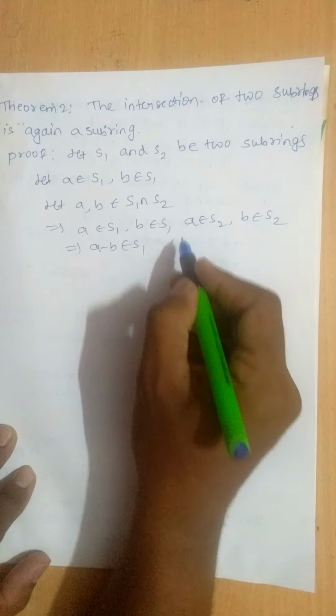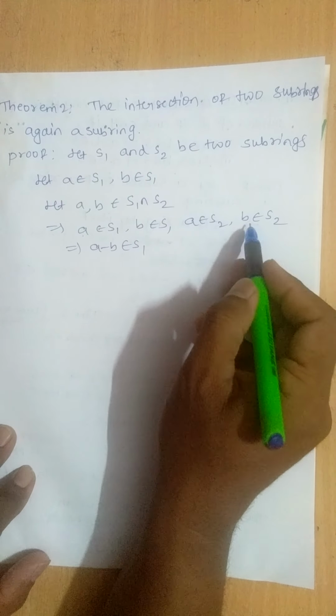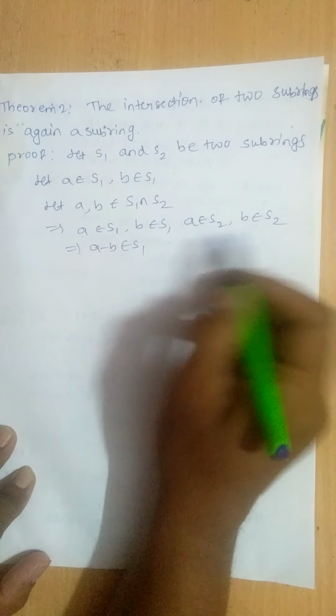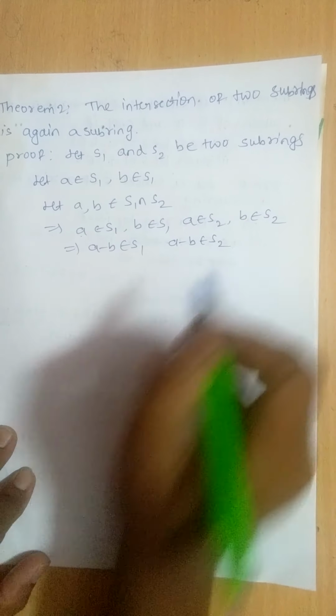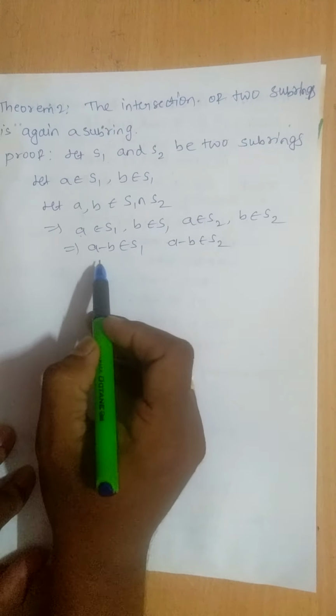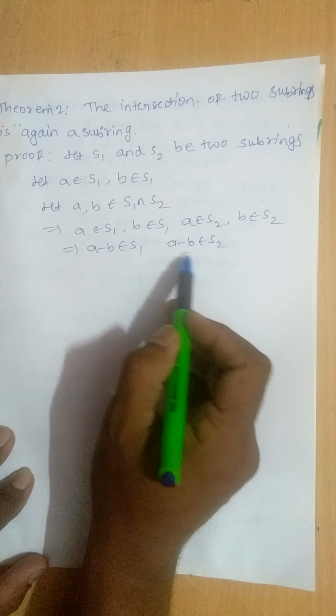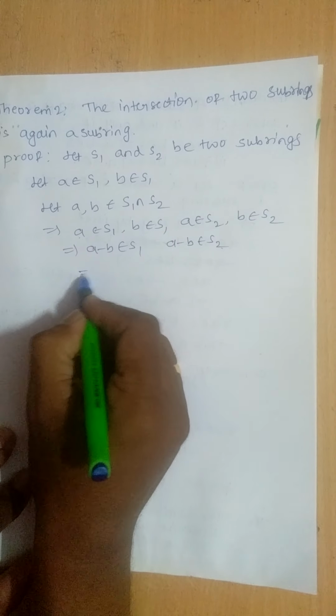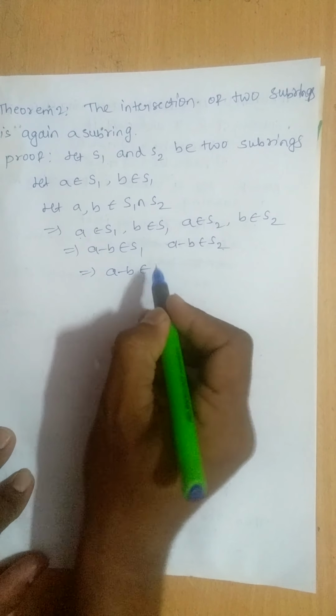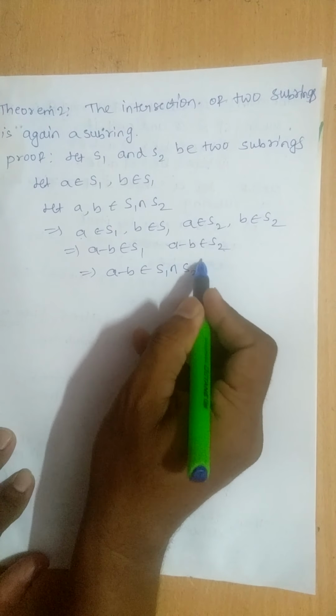Similarly a and b belong to S2, so by the previous theorem a minus b also belongs to S2. So a minus b belongs to both S1 and S2, which implies a minus b belongs to S1 intersection S2.